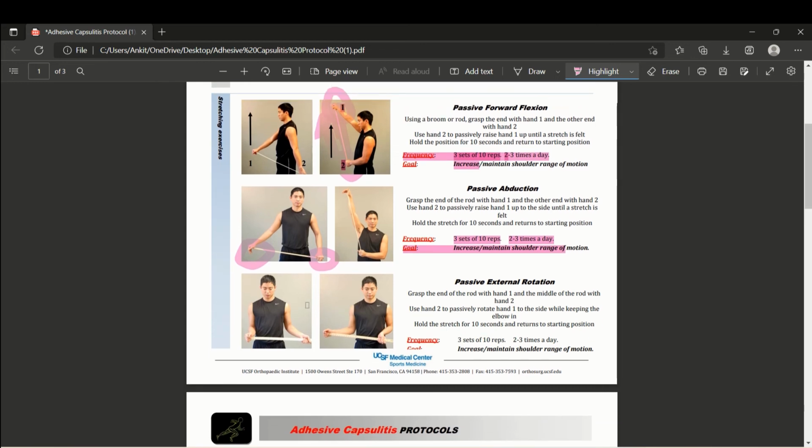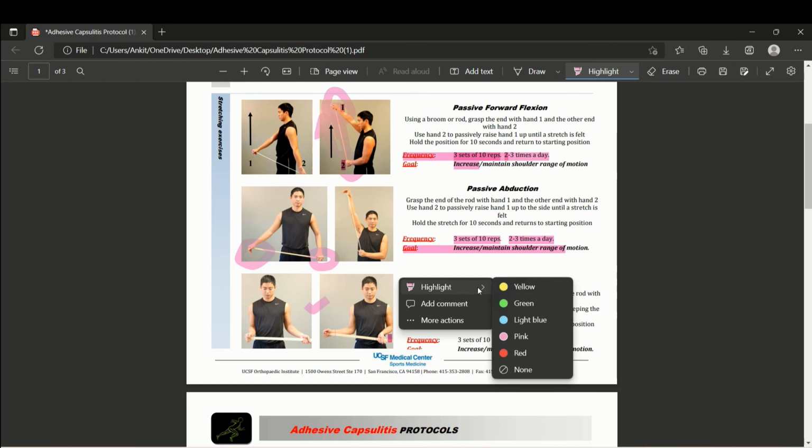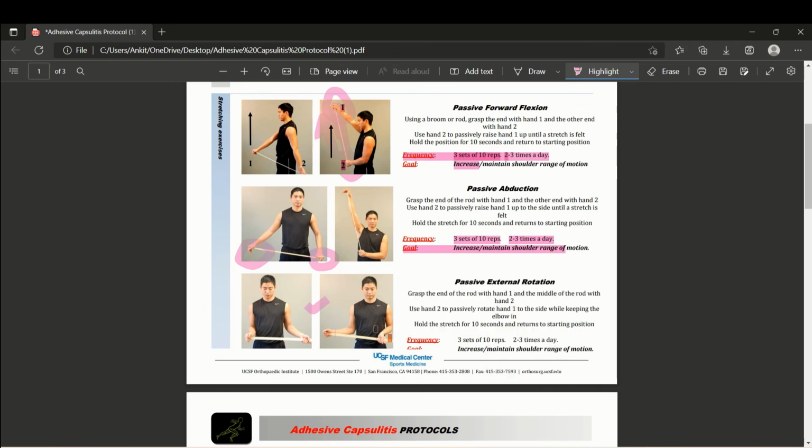Then the next exercise is passive external rotation. The protocol is the same. Grasp one end with one hand and the middle of the rod with the second hand. Now use hand 2, this is hand 2, to passively rotate hand 1 to the side while keeping the elbow in.